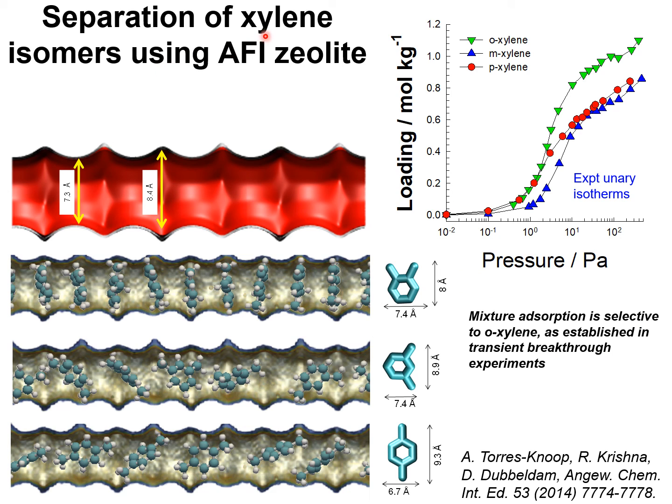Consider the separation of xylene isomers using AFI zeolite. AFI zeolite consists of one-dimensional channels. The shortest channel distance is 7.3 angstrom, and in the grooves, the distance of separation is 8.4 angstrom.